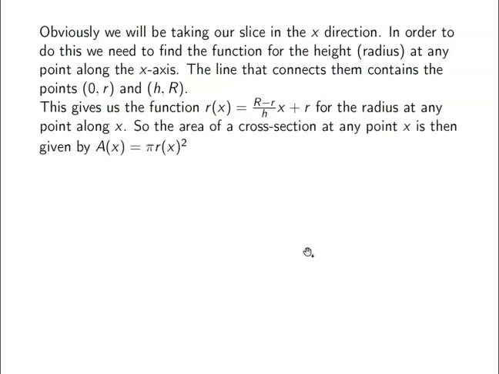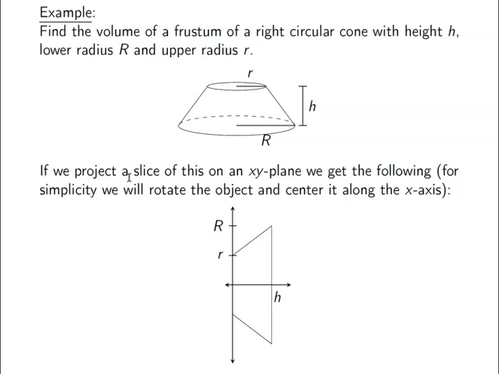All right. So the area of a cross section at any point is pi r squared. Our radius is given by a function, so that's whatever that value is at x, squared. Pi r squared is the area of a cross section because if I took a slice here and expanded that into 3 dimensions, that is a circle.